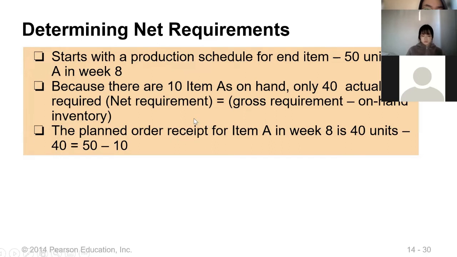It's a bit messy. So we start with the production schedule for an item, 50 units of A in week 8. Because there are 10 items on hand, only 40 are actually required. So gross requirement minus on hand. We call this the planned order received. I'm going to come up with a new term, planned order received, for item A, which is 40 units.